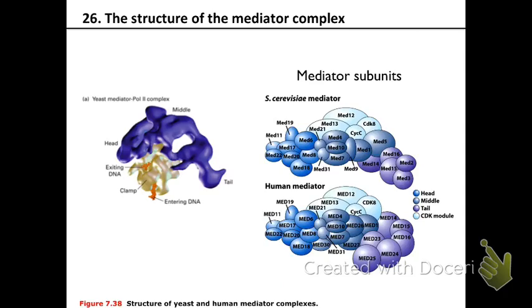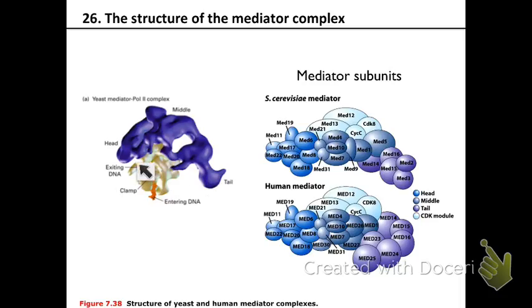What does the mediator look like? The mediator looks something like this. A lot of groups have been trying to crystallize it or use microscopy to model it. And here is the yeast mediator. And here in blue, it has a head and a middle and a tail domain. It looks something like this.